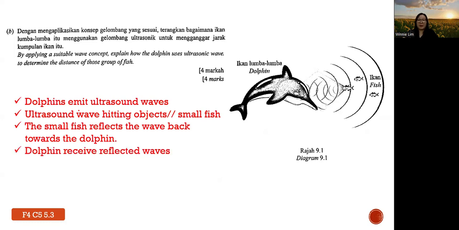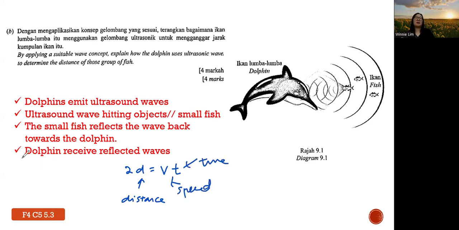Then the dolphin will receive the reflected wave, and then the dolphin will be able to know the distance. You can add on by calculating, of course: the dolphin will use the idea of estimating using 2d equals vt, where d is the distance, v is the speed, and t is the time, using the reflection of sound idea.